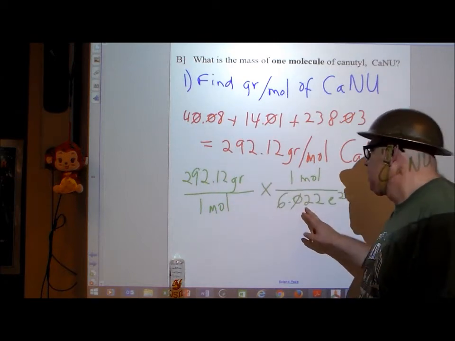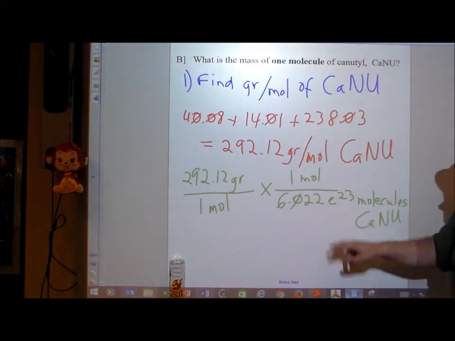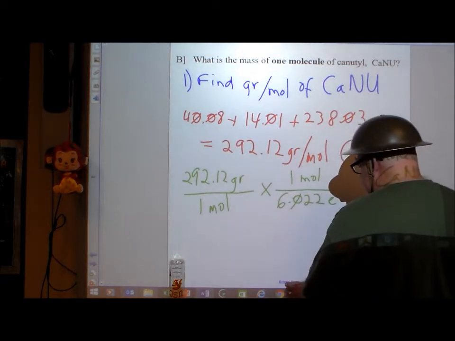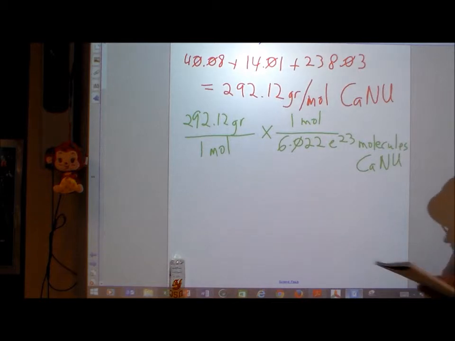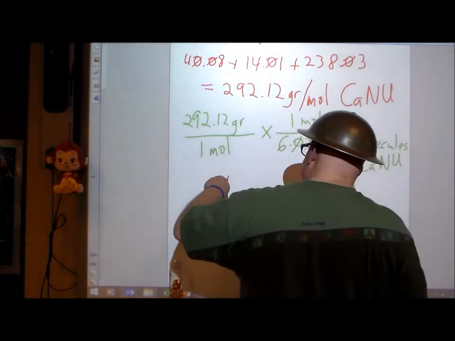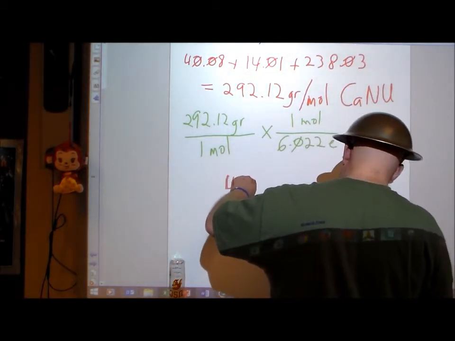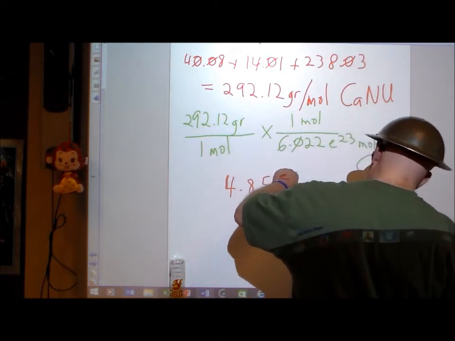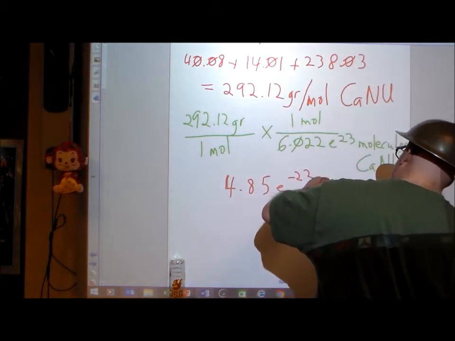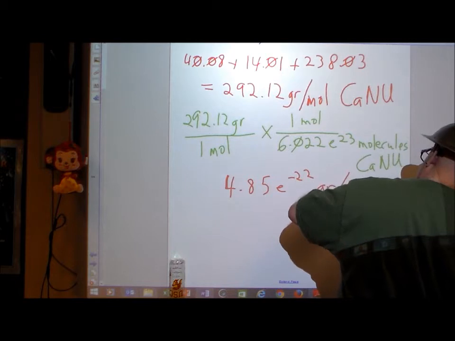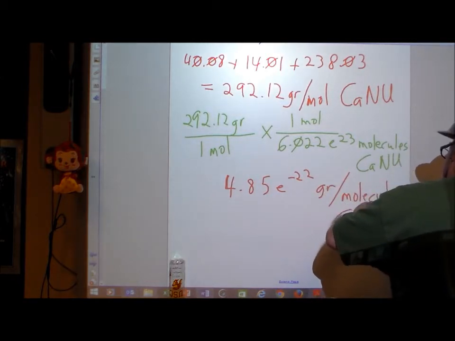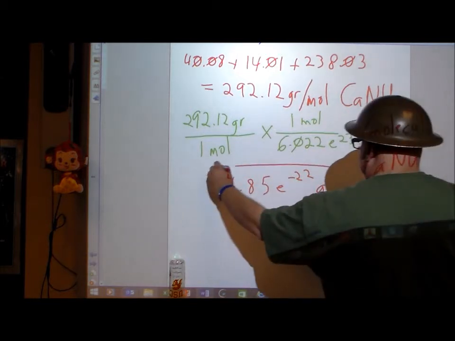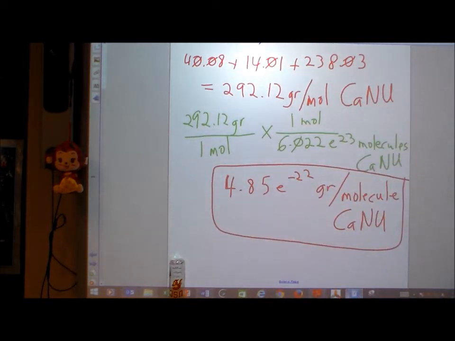We're going to divide it by how many molecules are in 1 mole. And at the end of the day, boys and girls, what we are going to walk away with is 4.85 e to the minus 22 grams to 1 molecule of CaNuTil. And that, ladies and gentlemen, is our final answer for this.